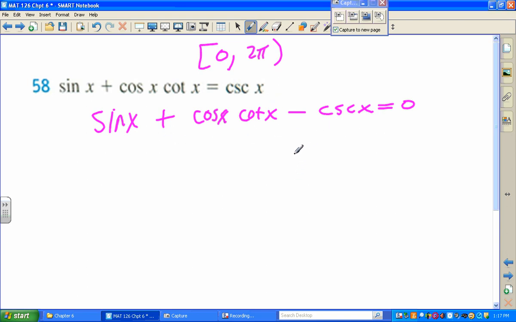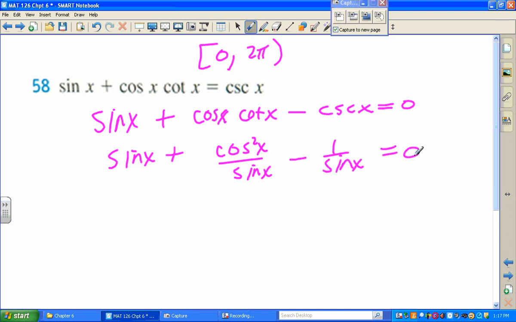Would that be cosine squared? Plus cosine squared over sine minus, oh, this one, oh, I think I see. Multiply by sine. Yeah, I got your common denominator right here.